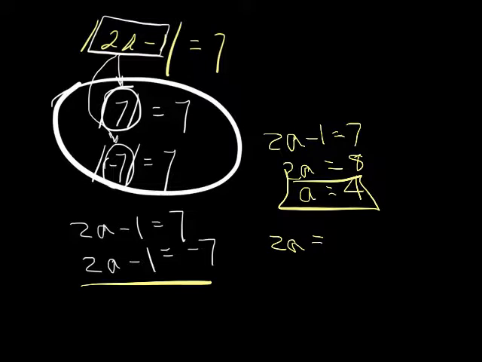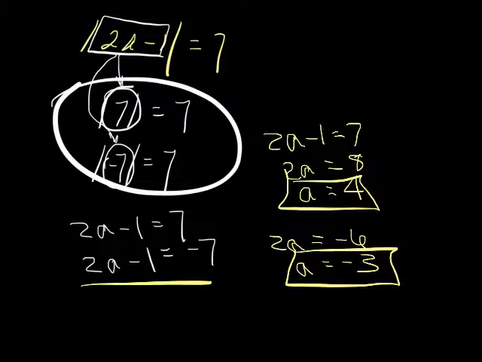So 2a equals, we're going to add 1 to both sides, negative 6. So a also equals negative 3. And when we take our negative 3 and put it in there, we get 2 times negative 3 is negative 6, minus 1, negative 7, absolute value 7. So it works as well.